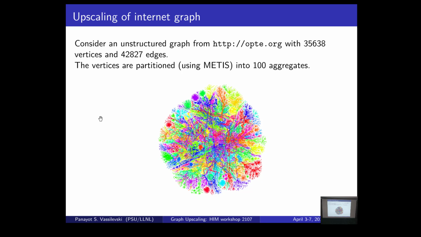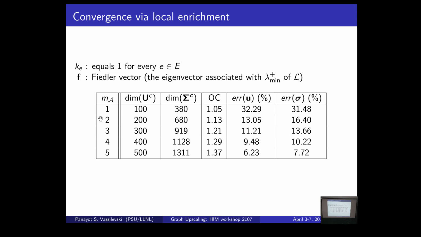All right. So what did we do? This is the number of degrees of freedom that we allow per aggregate. We can increase them. This is the size of the coarse vertex space that we get after we do this type of coarsening. This is the size of the coarse edge degrees of freedom.